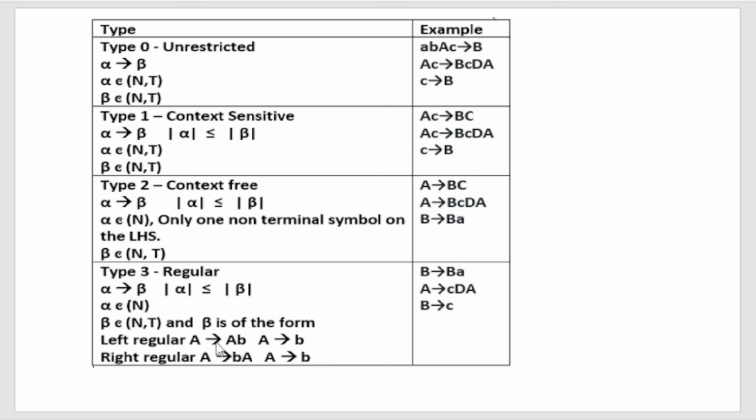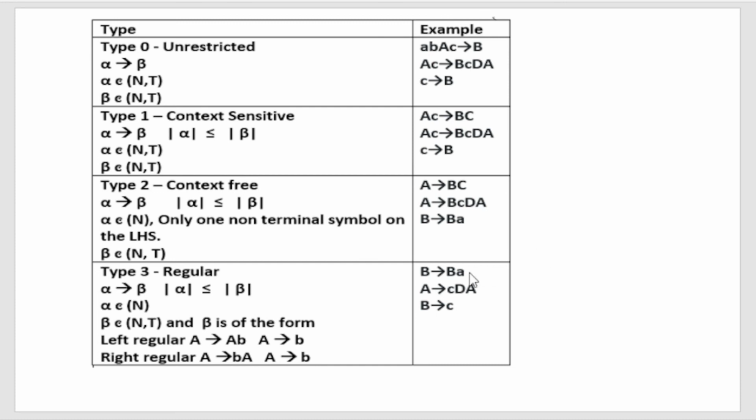For example, left regular is A derives AB, where the symbol on the left-hand side appears as the first symbol on the right-hand side. And a right regular example is A derives BA, where the symbol on the left-hand side appears as the last symbol on the right-hand side.